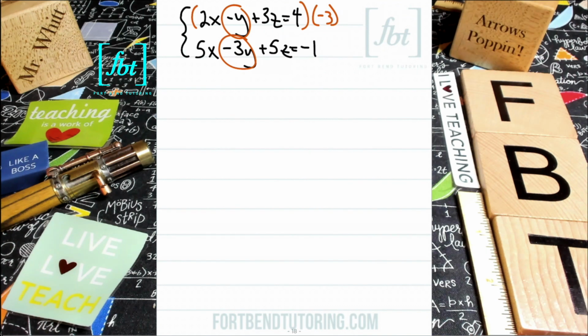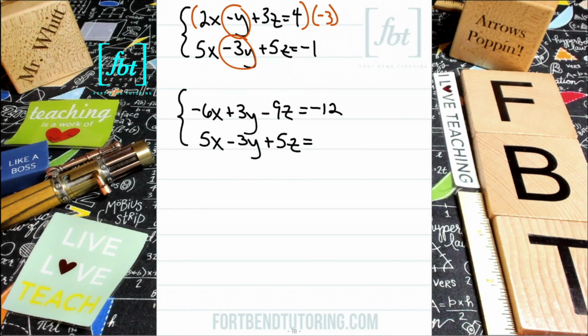Go ahead and get those arrows popping, and you'll end up with the following system. You'll have negative 6x plus 3y minus 9z equals negative 12. In the second equation, you'll have 5x minus 3y plus 5z equals negative 1.